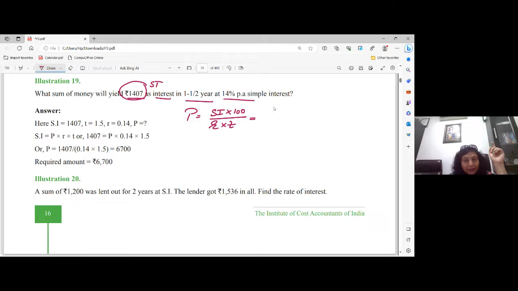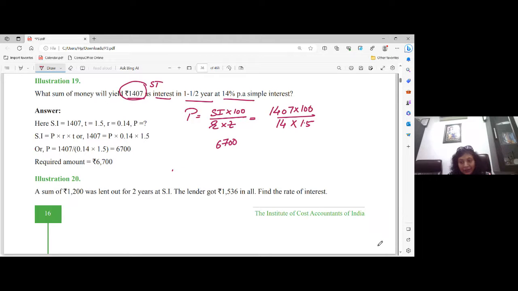So simple interest is 1407 into 100, rate is 14% and time is 1.5 years. So if we calculate 1407 into 100 divided by 14 divided by 1.5, our answer is 6700. So principal is 6700.